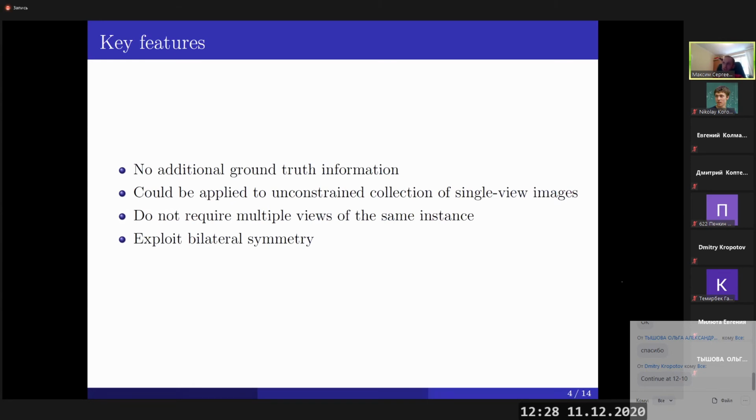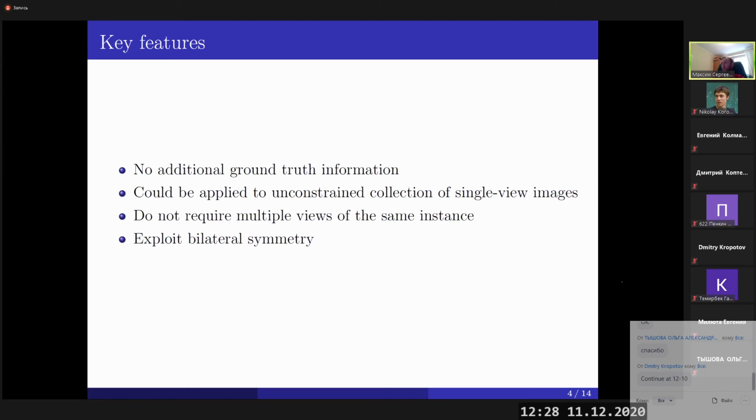We don't need to detect keypoints or something like that. We take ordinary two-dimensional RGB photos of some objects and recover the 3D map of these objects.